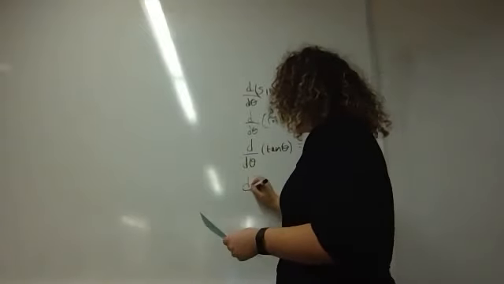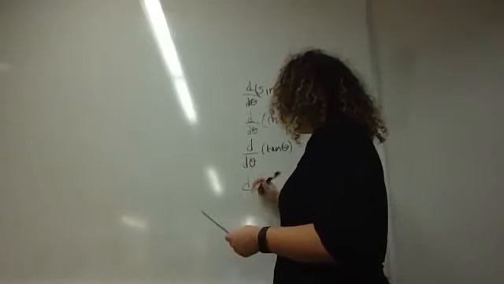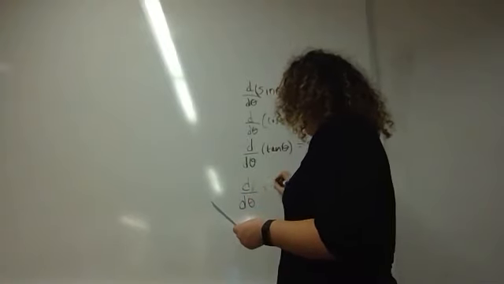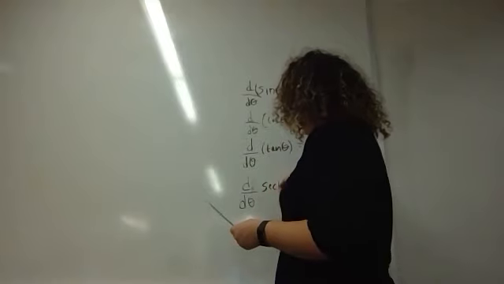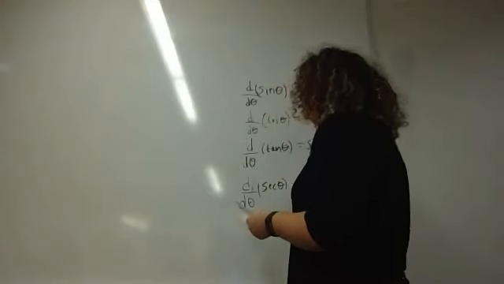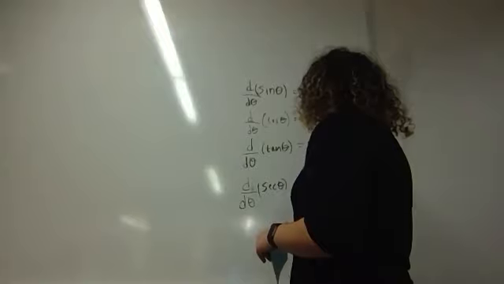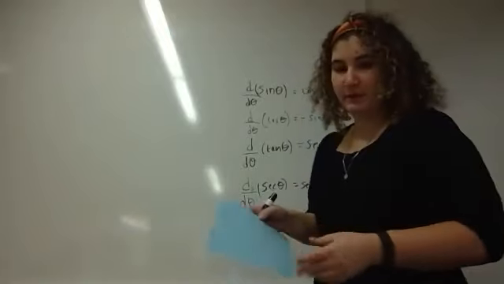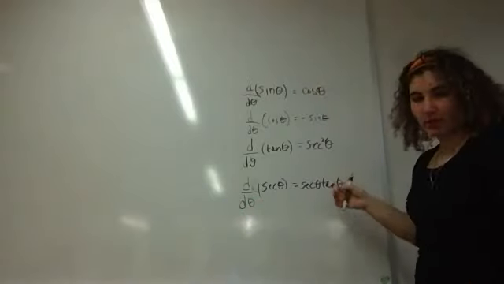Let's write them all out. The derivative with respect to theta of secant is going to be secant theta tangent theta. Just from experience, these are probably going to be your most common ones.